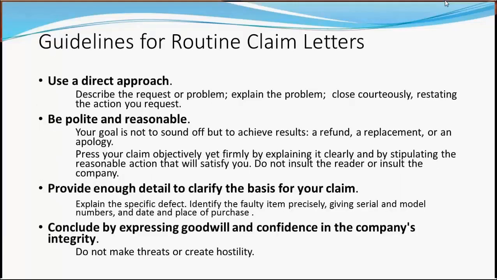Next one. So, guidelines for routine claim letters. Use a direct approach. Describe the request or problem immediately. Explain the problem, and close courteously, restating the action you request. You start with describing the problem or what you want: I want a refund.